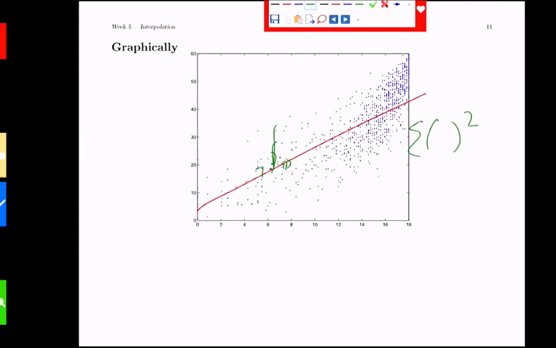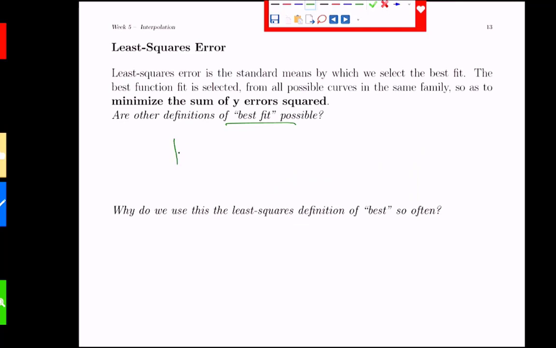We squared to make things positive so that above and below is the same. Well, squaring is only one way to do that. We could take the absolute value of y minus y hat here. Because that makes it positive, and it's perfectly reasonable. And it also doesn't do this thing of magnifying outliers.